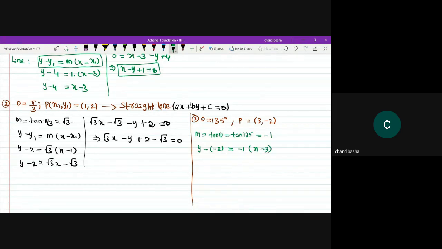The formula what we have, let it be considered as x1, y1. y1 value is minus 2, and y minus of minus means it is y plus 2 is equal to minus x minus of minus plus 3. So everything will be on left hand side: y plus 2 plus x minus 3 is equal to 0. So we can write it as x plus y minus 1 is equal to 0, the required answer.